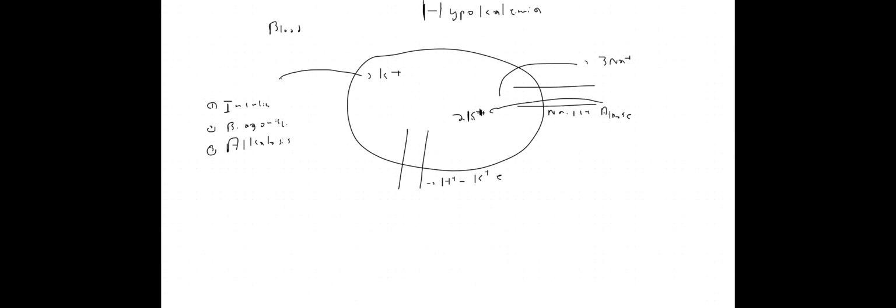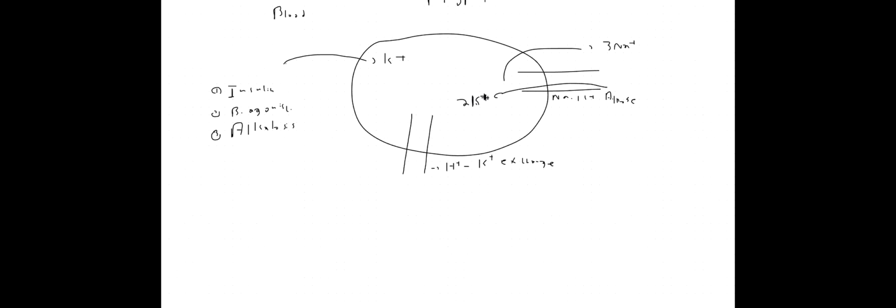This pump exchanges H plus with potassium, and it's a concentration gradient dependent pump. For example, what happens in alkalosis? In alkalosis, what happens to your H plus ions in the blood? H plus ions in the blood will decrease. So what will happen?